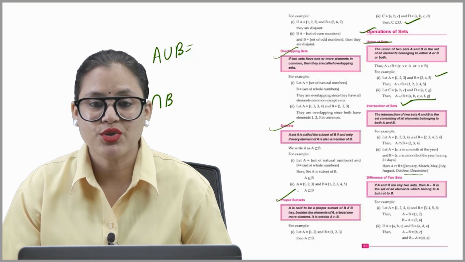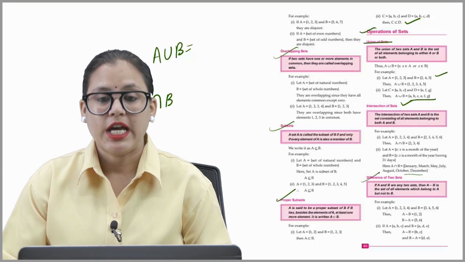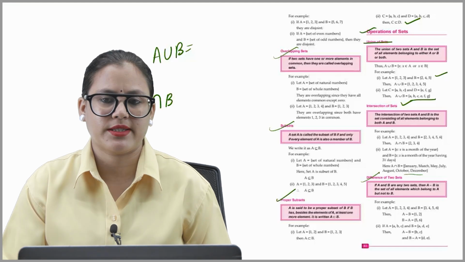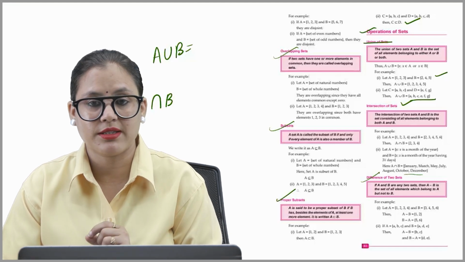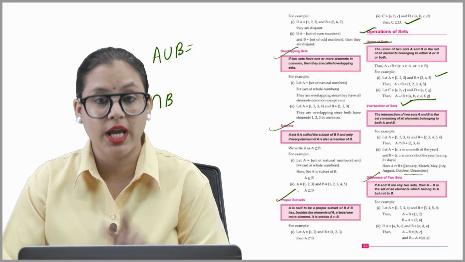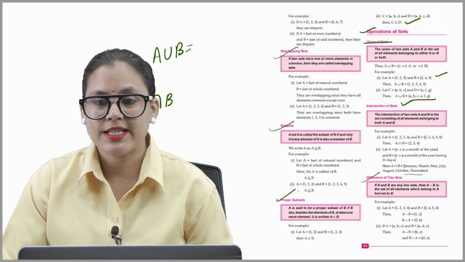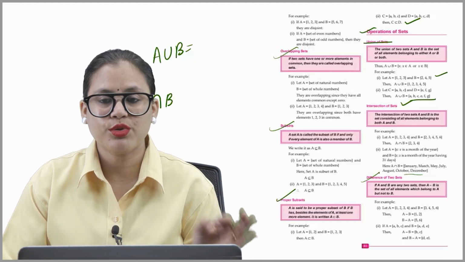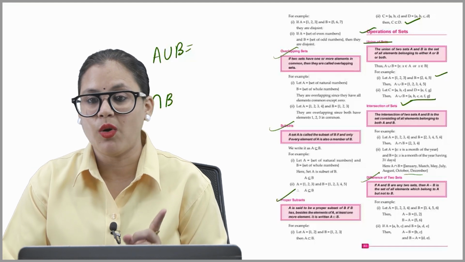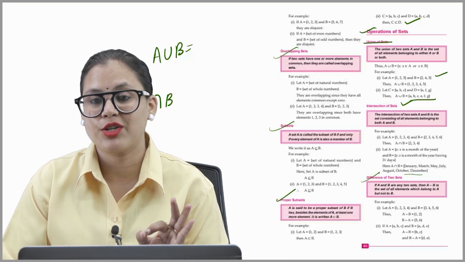Next, difference of two sets. If A and B are any two sets, then A minus B is the set of all elements which belong to A but not to B. For example, let A = {1, 2, 3, 4} and B = {3, 4, 5}. So A minus B is {1, 2}.